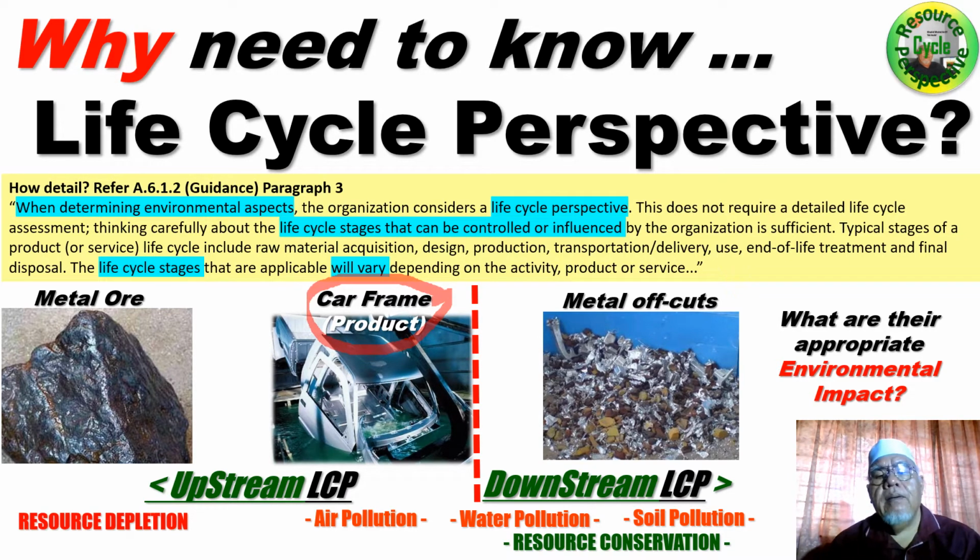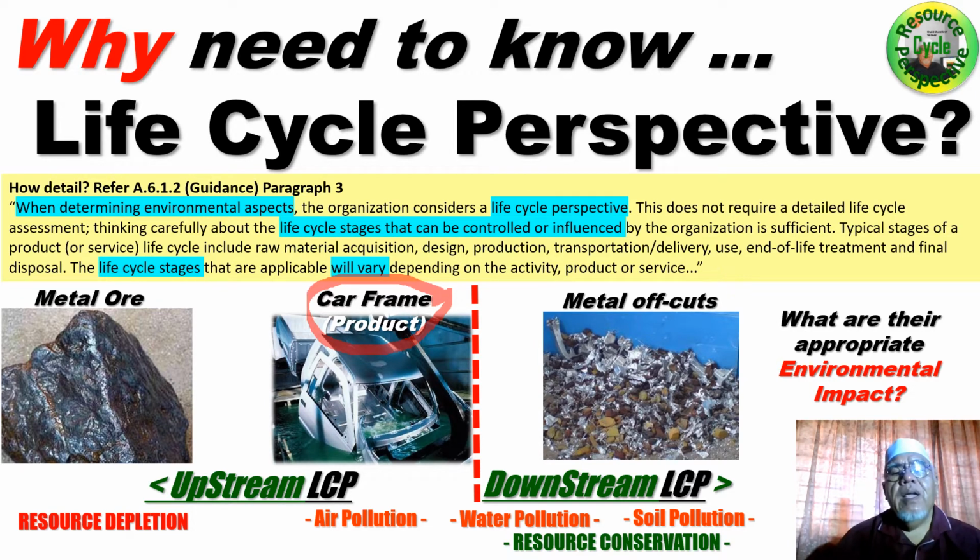The product here for this particular factory is assembling, grinding, welding to make a car body. All right, now that is the product. Now, is this an environmental aspect? Yes. Why? It interacts with the environment. How do we know that? By looking at its life cycle perspective.